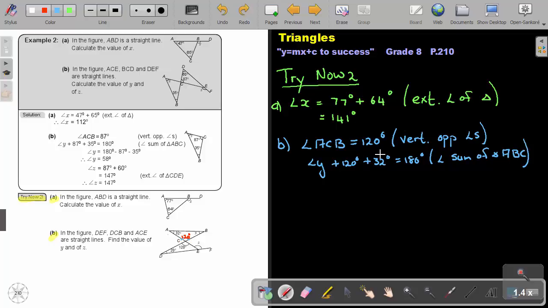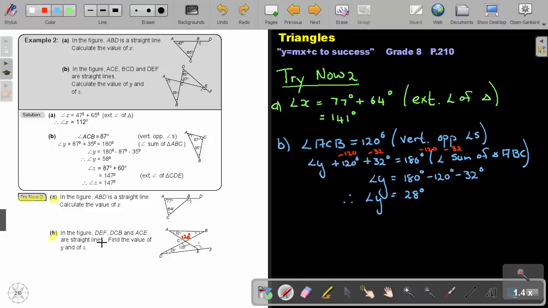If I solve this, remember to cancel on this side, I subtract 120 on both sides and subtract 32 on both sides. So if I rewrite this, angle Y will be 180 minus 120 minus 32. Therefore, angle Y will be 28 degrees. So I found Y.